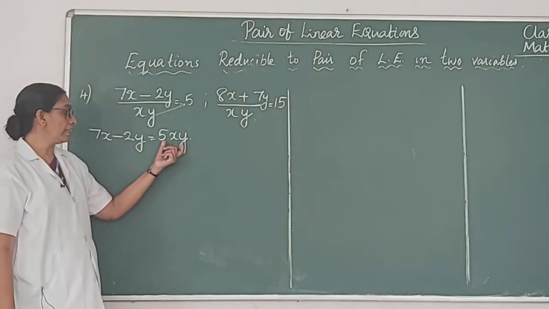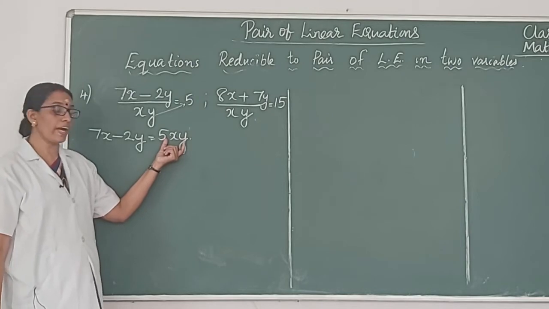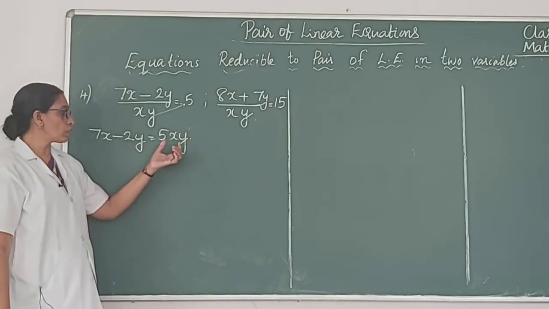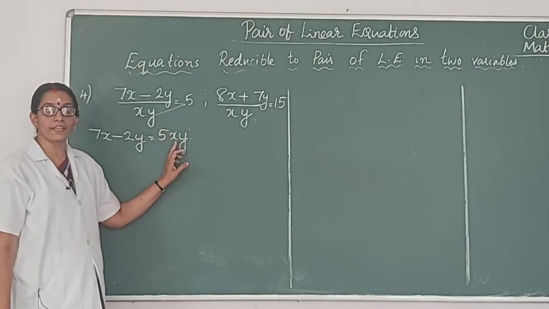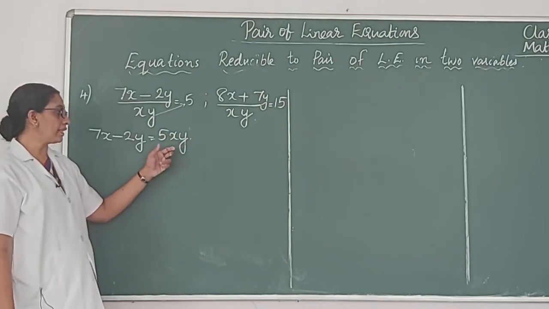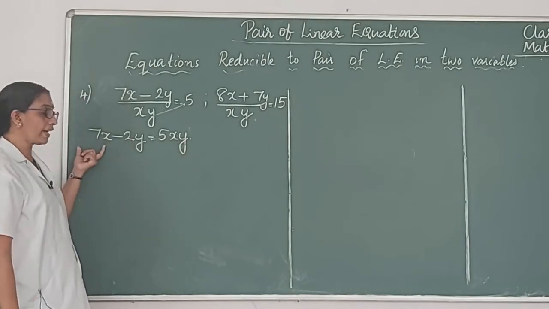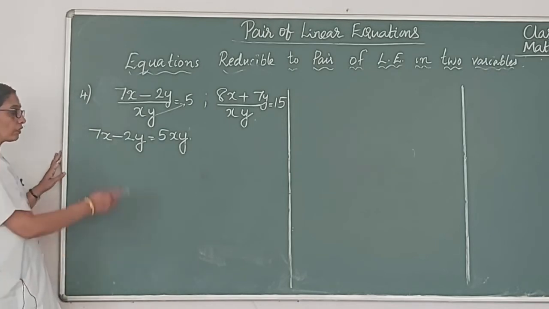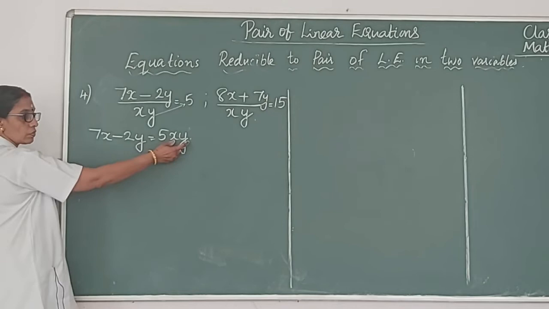Okay, so we have to reduce this to a linear equation. In order to avoid this second degree in this term, we have to remove xy from this term. To remove xy from the RHS, we have to divide by xy. But if we divide the RHS by xy, we have to divide the LHS also by xy. So we have to divide each and every term by xy.